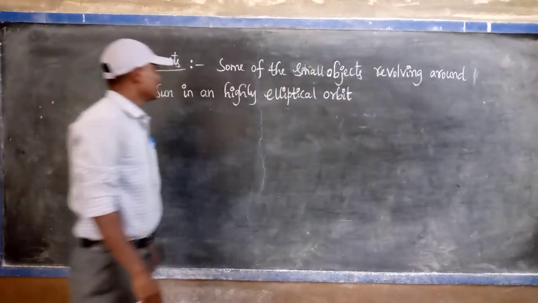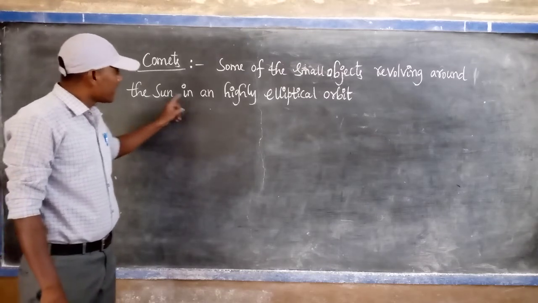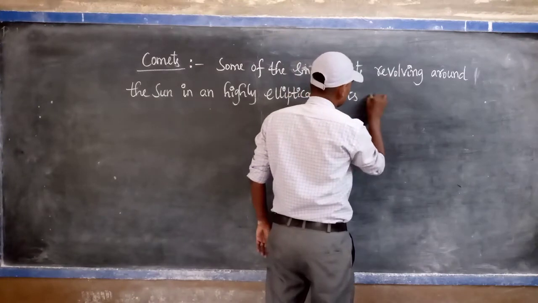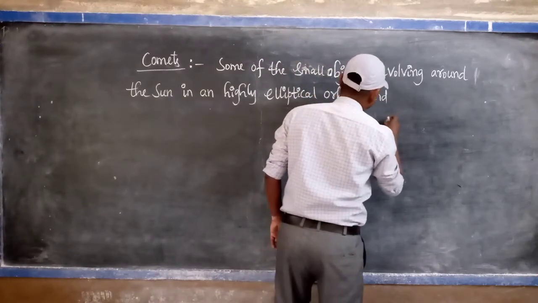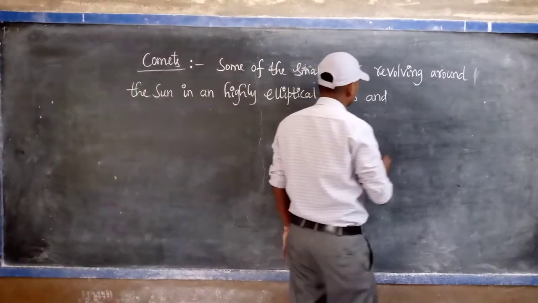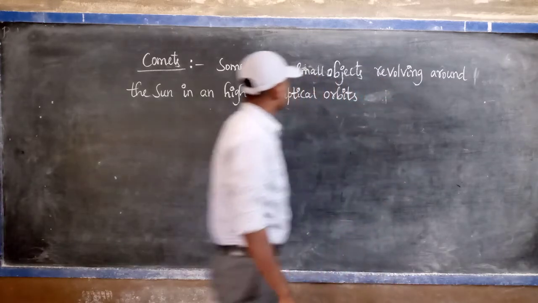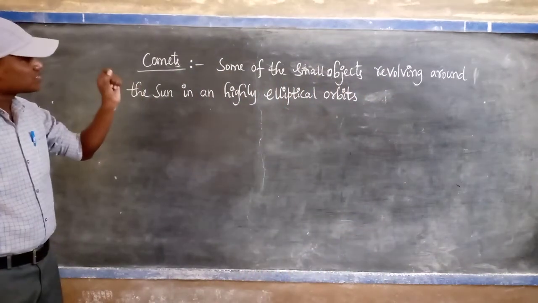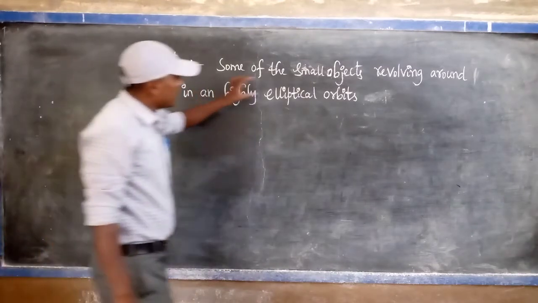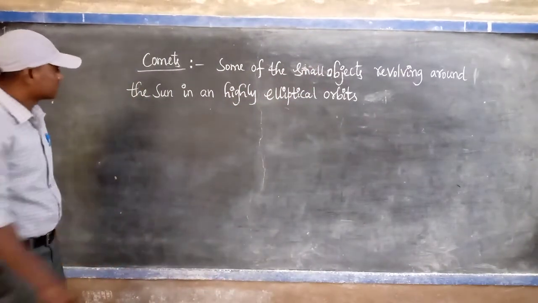So listen very carefully. Some of the small objects revolving around the sun in highly elliptical orbits, those objects we call which one? Comets.